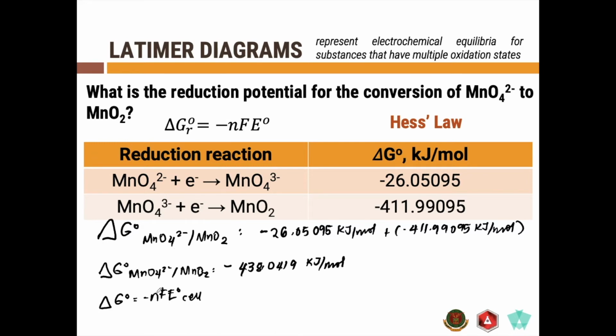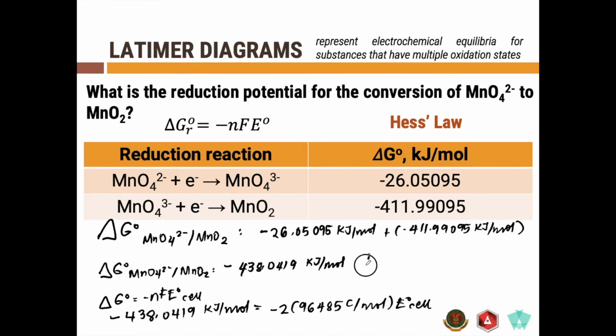So we plug everything into our equation. We have negative 438.0419 kilojoules per mole equals negative 2 times 96485 coulomb per mole times your standard cell potential for the overall reduction. So this should give you an E value equal to plus 2.27 volts.